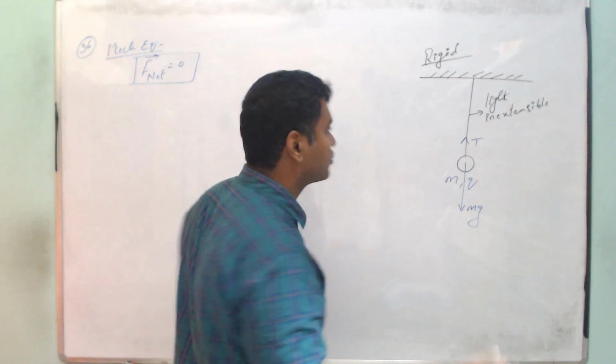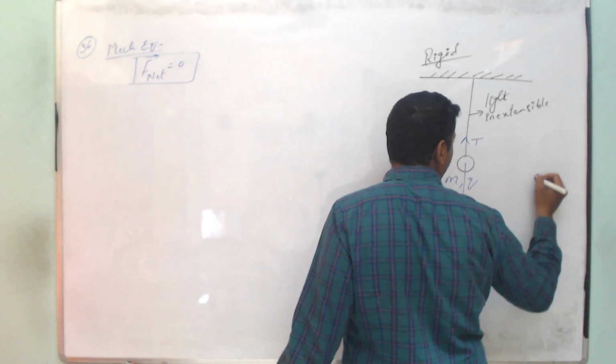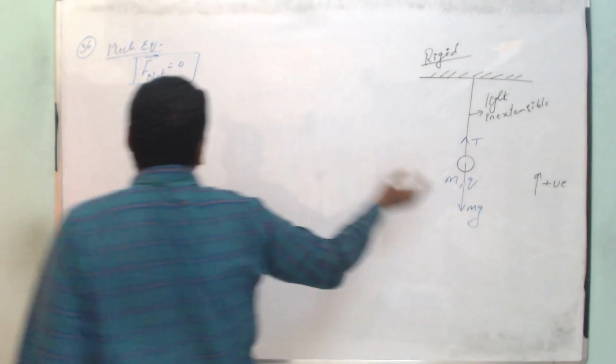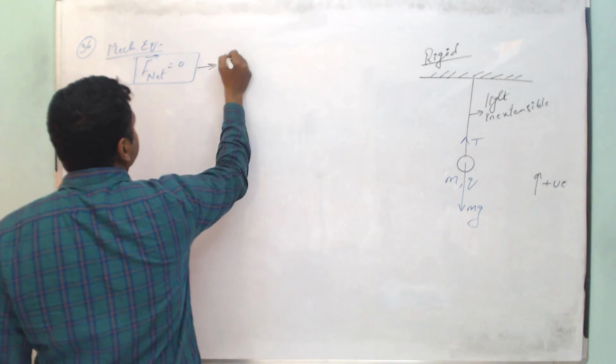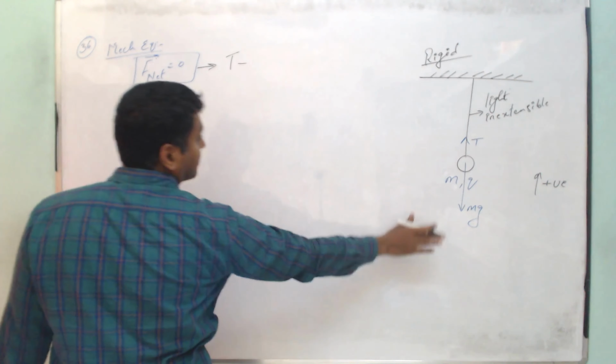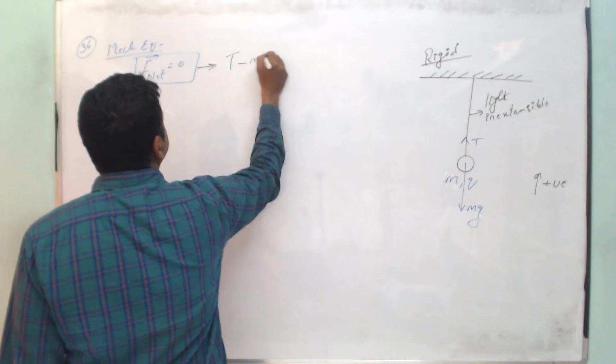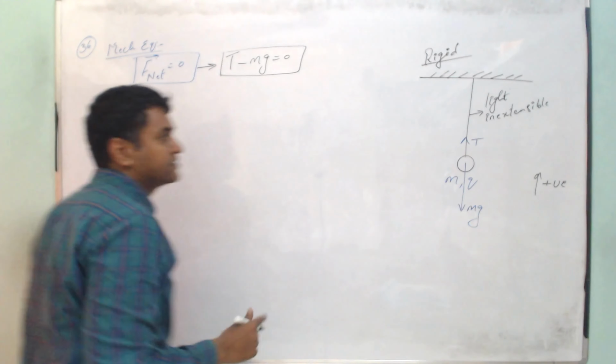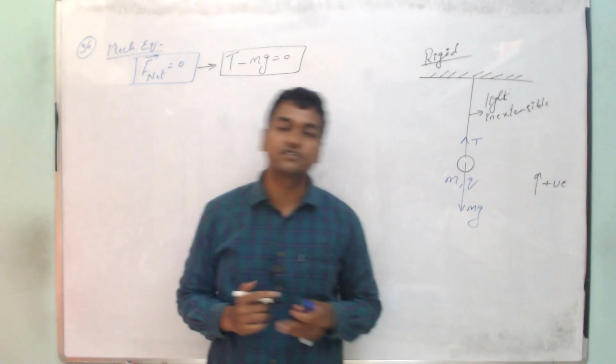I am taking upward as positive. So I can write tension as positive, gravitational force mg as negative, and the sum is 0. Therefore, right now, my tension T is nothing but the gravitational force mg.